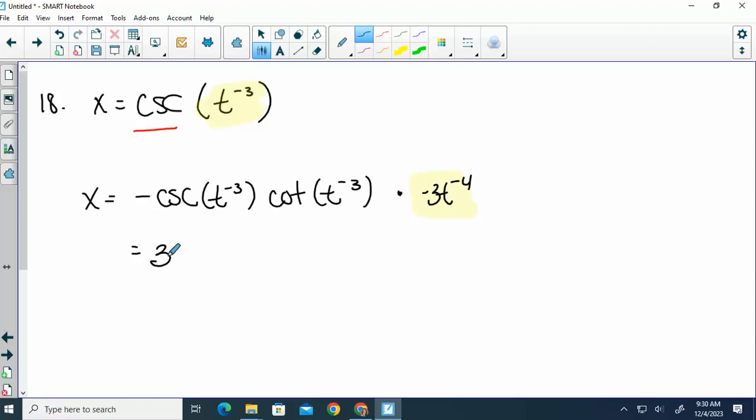So you get a positive 3 to the -4, cosecant to the -3 or tangent to the -3. Know the derivatives of those trig functions. I tried to put all of them on here. We've had quite a few so far.